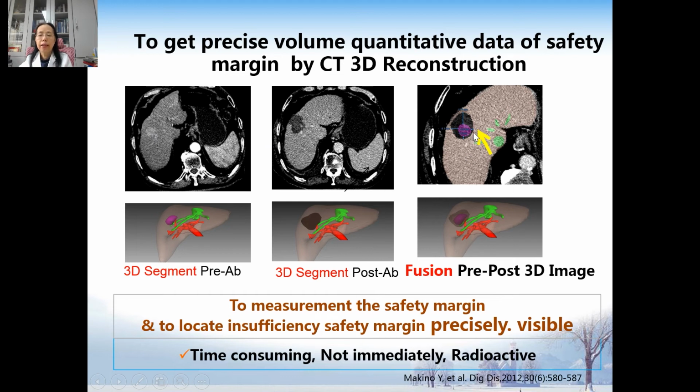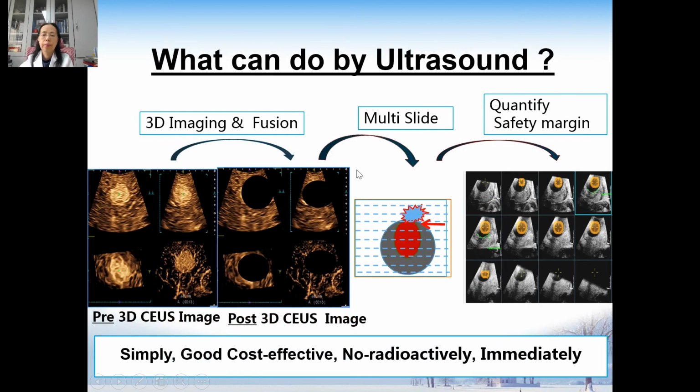We can get the safety margin in every direction, everywhere. The measurement is very precise and visible, but a little bit time consuming, not immediately after ablation, and involves some radiation. What can we do by contrast ultrasound or ultrasound?